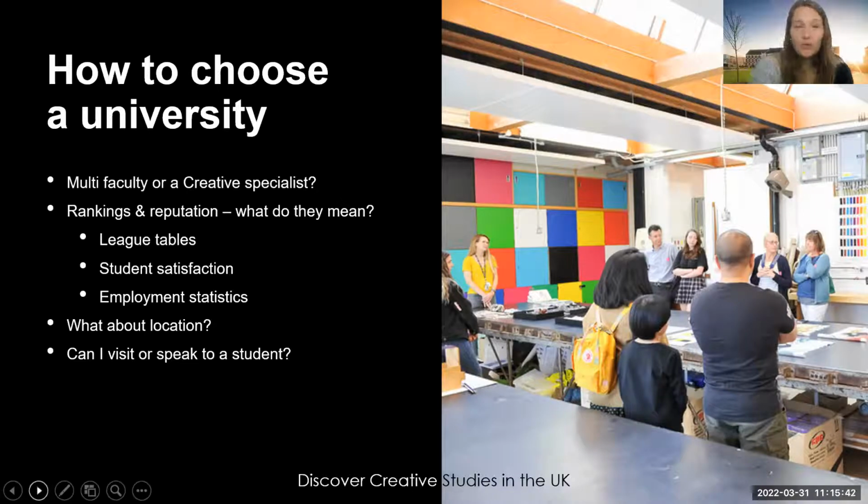You'll also be able to look when you're choosing your university at rankings and reputation. You may have been in some of the other sessions earlier where we discussed the importance of rankings, looking at league tables, formal rankings, student satisfaction, employability statistics, lots of different awards in the UK for universities.